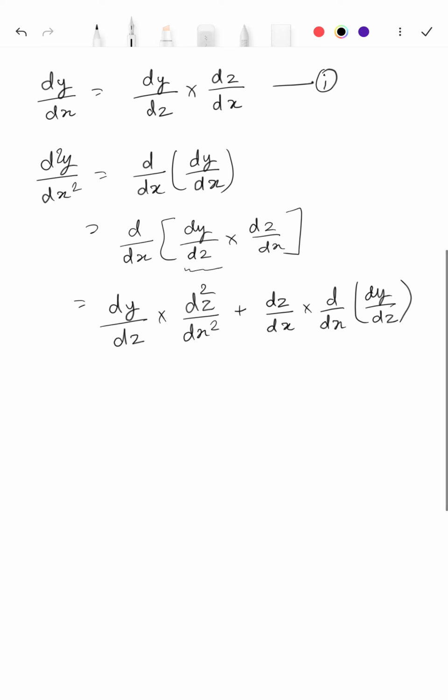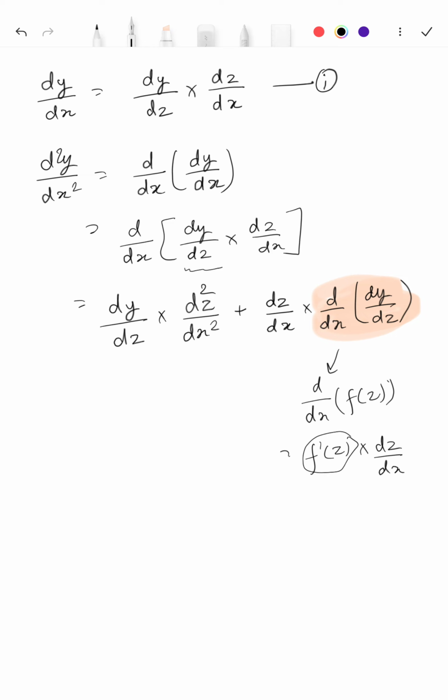So if we look here, this term we can evaluate as this one. This is d by dx of some function of z. So applying the chain rule, this will become f dash of z into dz by dx. So this f dash of z is actually d by dz of that f of z.